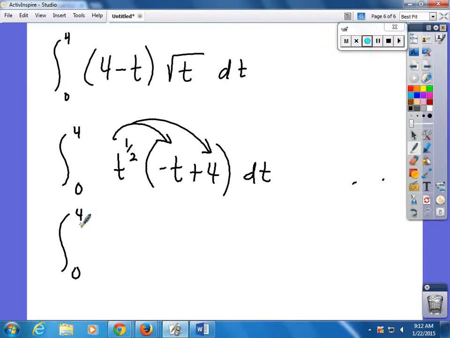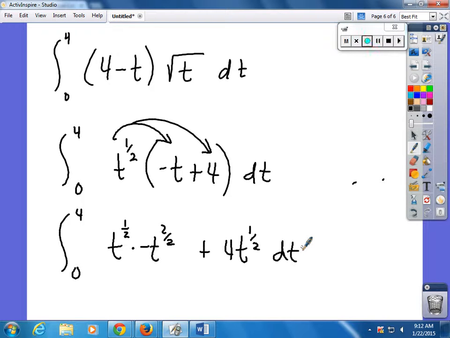The antiderivative from 0 to 4. Now be careful here. I'm going to write it out: t to the 1/2 times negative t to the 2/2, plus, and I'm just going to put that in front of it, 4t to the 1/2 dt.